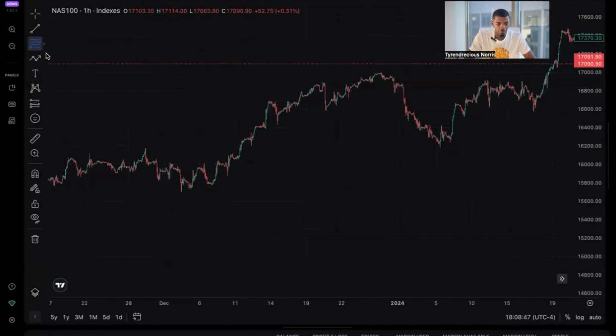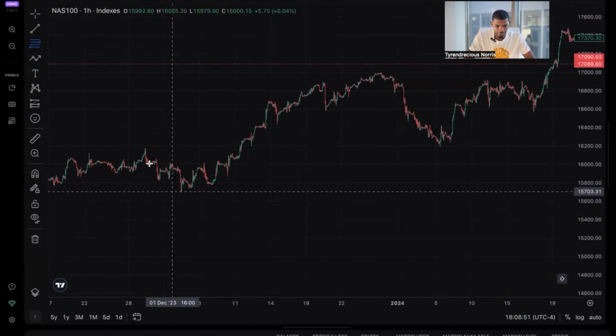Whenever I'm on my 1 hour chart, I use my Fibonacci a lot tighter, guys.